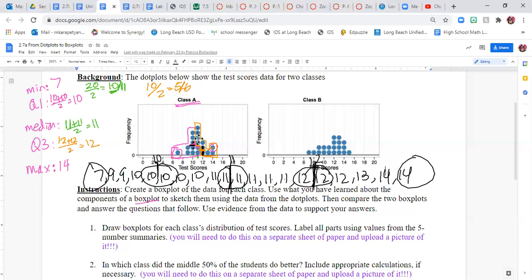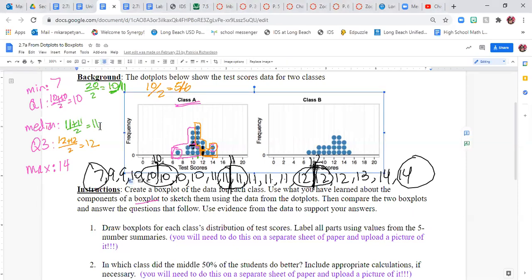I found the 10th and the 11th numbers in my data, right? It just so happens that the 10th and the 11th numbers have a value of 11. Okay. I'm still unsure about your question. Like if you had an odd number of data, right? If you had an odd number of data, like 21 divided by 2 is 10.5.